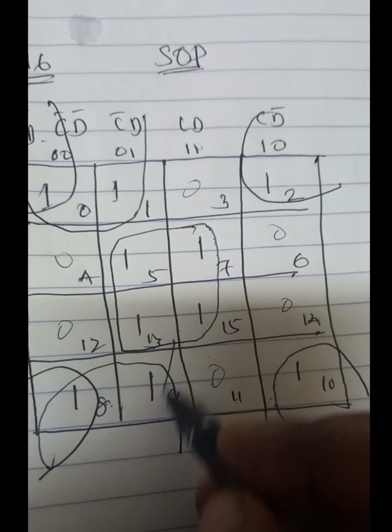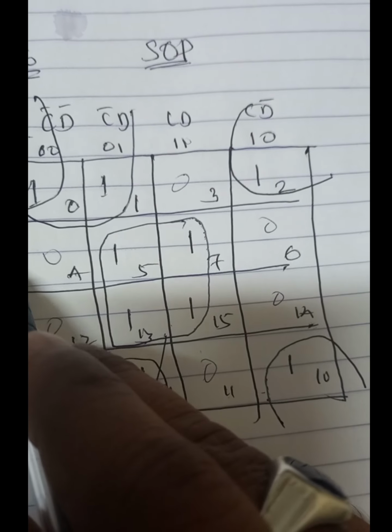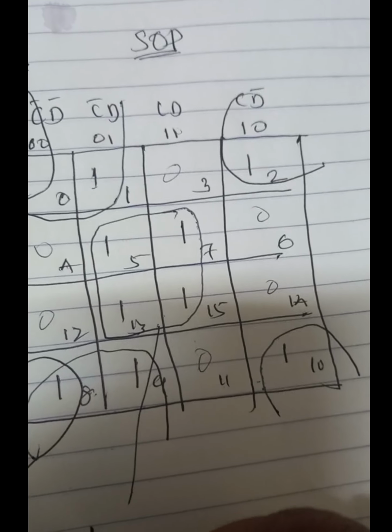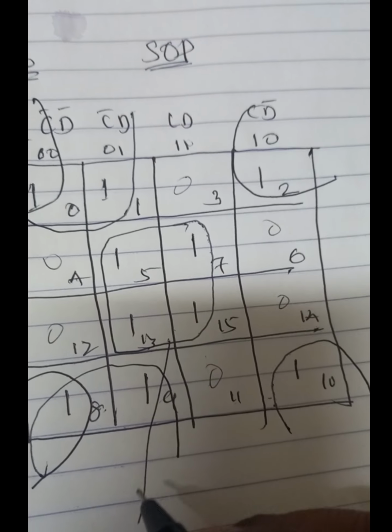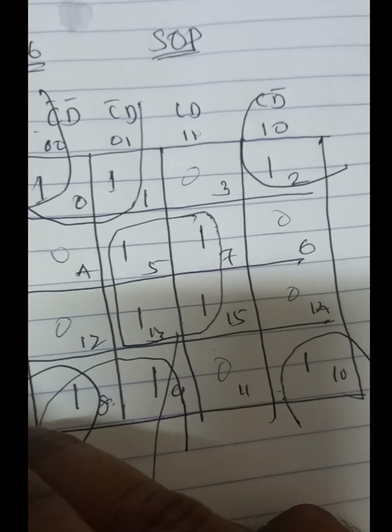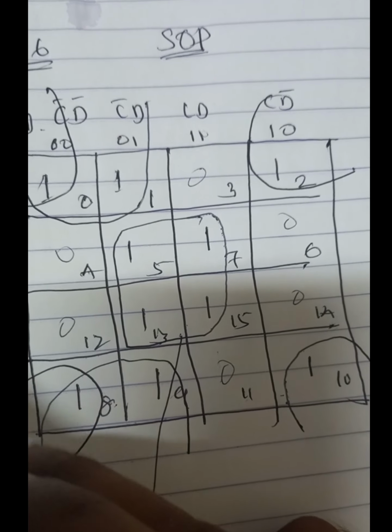First we'll consider the first group, that's the quadrant group. We first check the row side to see what is common. B is common here, because it is not going to change its state. The term that changes its state, A, changing from the second row to the third row, A to A bar, we don't consider.